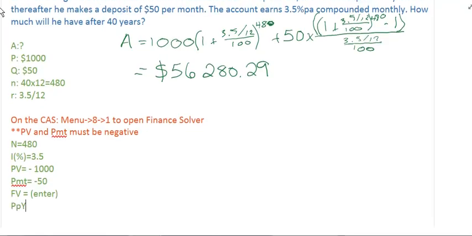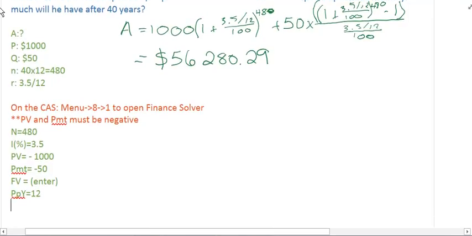Your PPY is 12 because your payments are monthly, and then your CPY is 12 because your compounding period is monthly. So then this becomes exactly what it does if you enter it by hand. So that's a basic introduction to annuities.